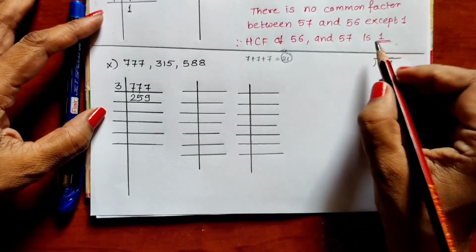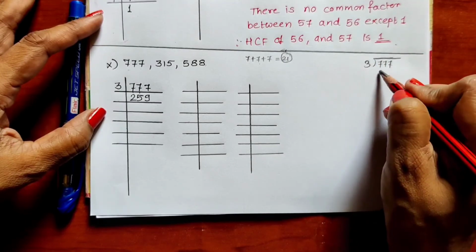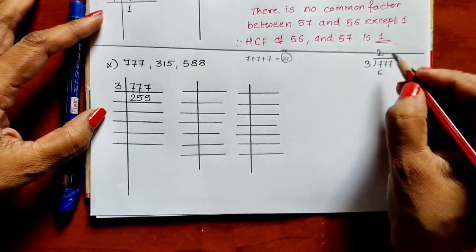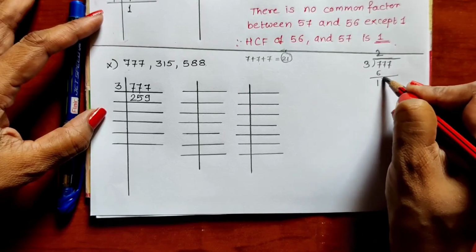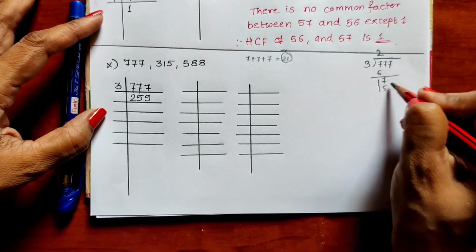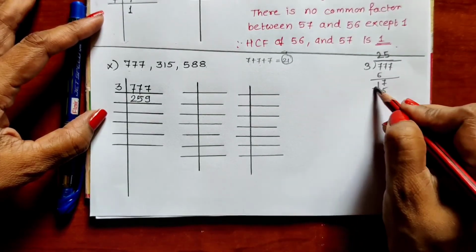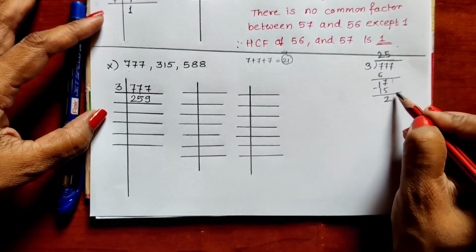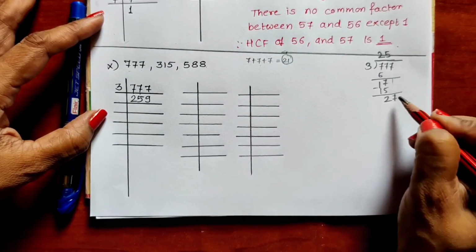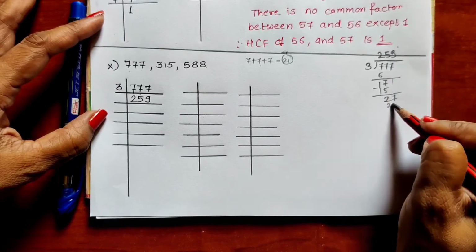777 divide by 3. 3 2s are 6. 2 we have got here. 1 remaining, this 7 17. 3 5s are 15. Then 2 remaining, this 7 we have to put down. We have got 3 9s are 27.